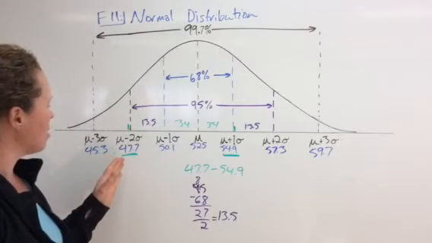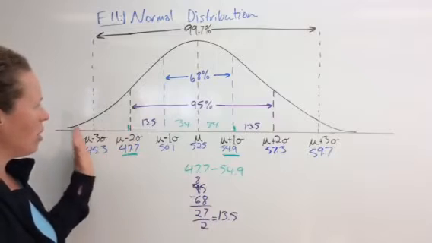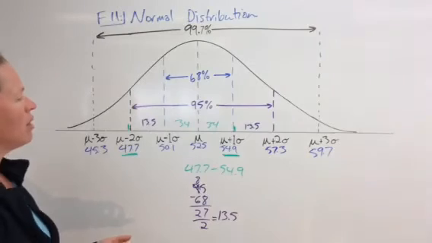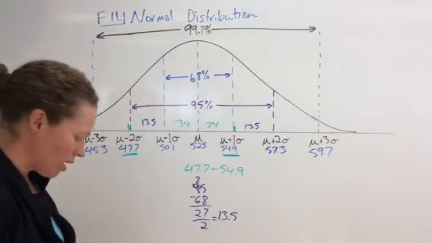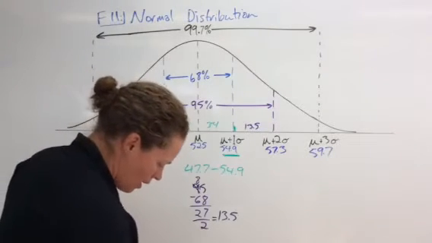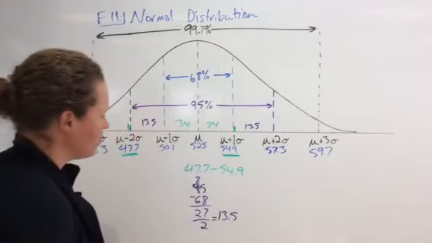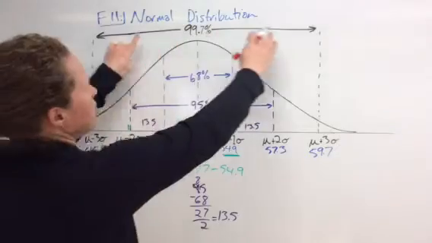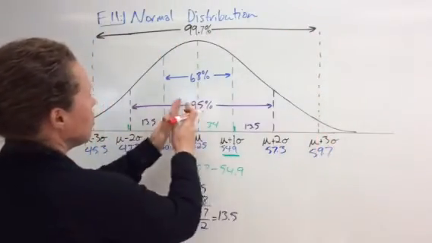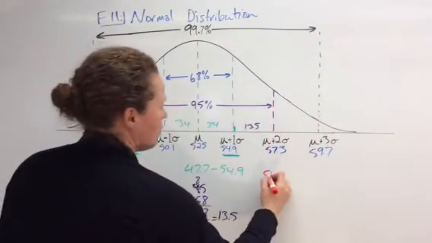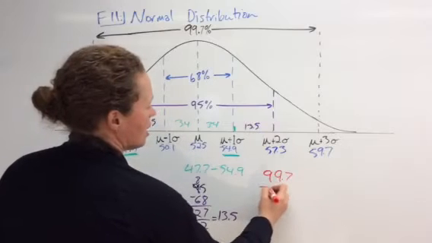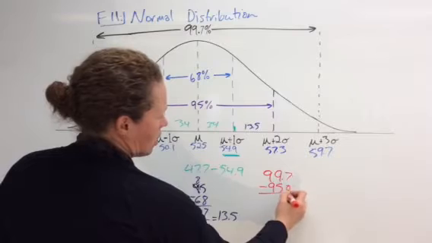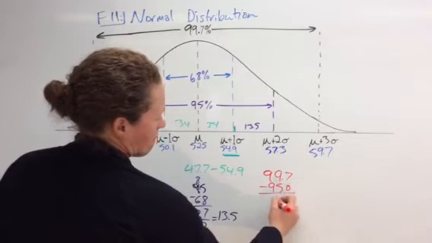Now, because I'm not going beyond that, I wouldn't bother to calculate what these are worth, but you can use the same pattern to figure that out. I guess we can do that since we're here, and then you'll have the numbers. So 99.7 is all out here. We've already accounted for 95, so we could go 99.7 minus 95, and you're going to get 4.7.